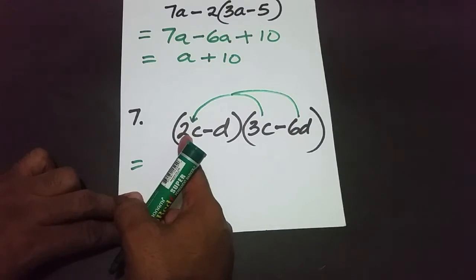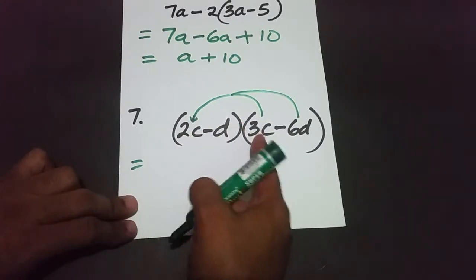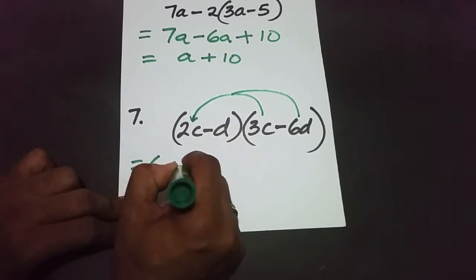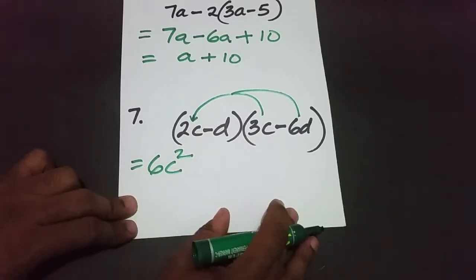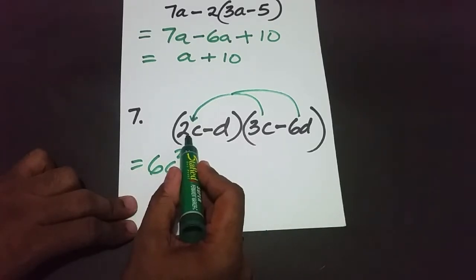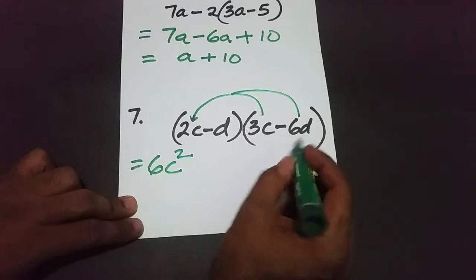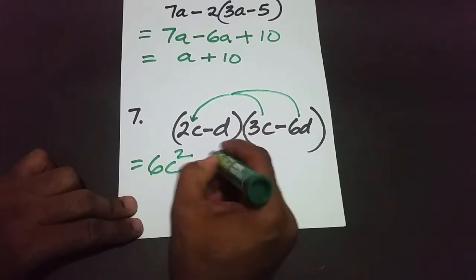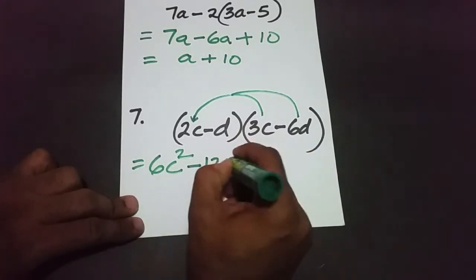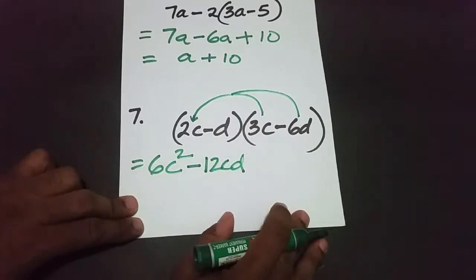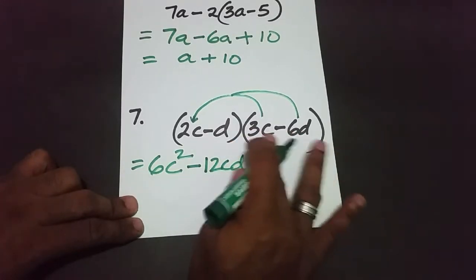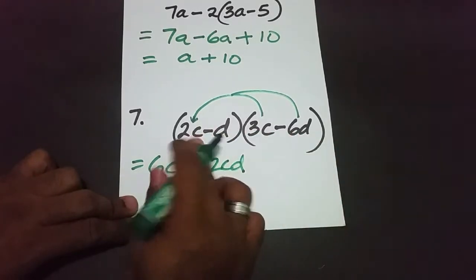So positive 2c times positive 3c gives us 6c squared. Positive 2c times negative 6d gives us negative 12cd.